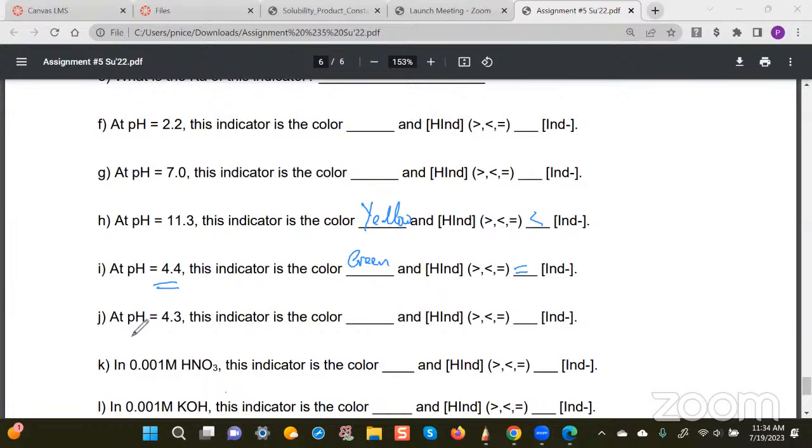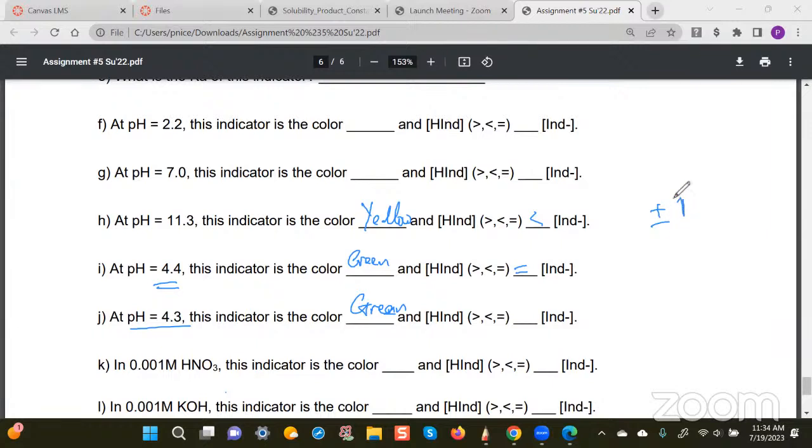And then what about pH 4.3? Would it still be green? Yes, I would say it would still be green, right? In fact, the general rule when it comes to indicators is, if the pH is within plus or minus, what's log of 10? Log of 10 is 1, right?